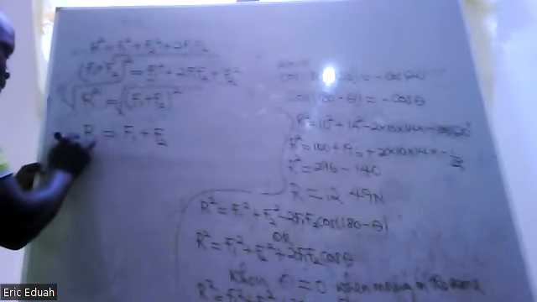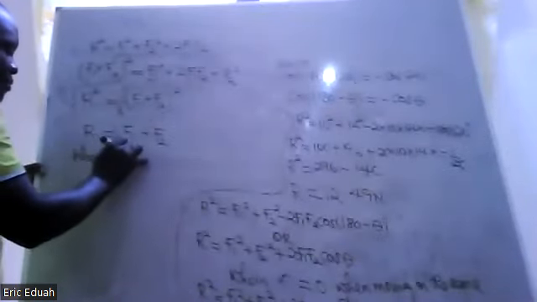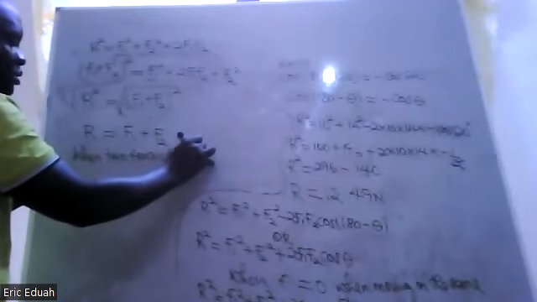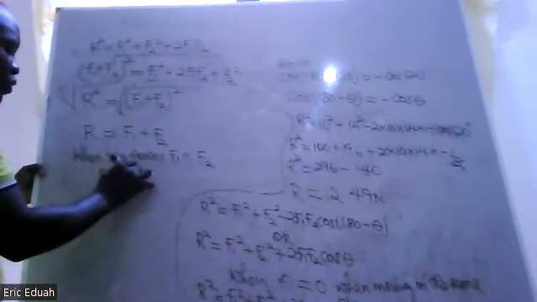Good. Let's consider when two forces are moving oppositely. Regina, when two forces are moving oppositely, what is the angle between them? It's 180 degrees. Good. So here theta is equal to 180 degrees.